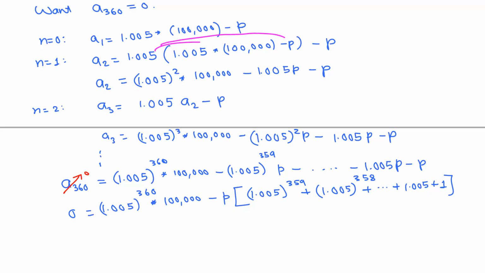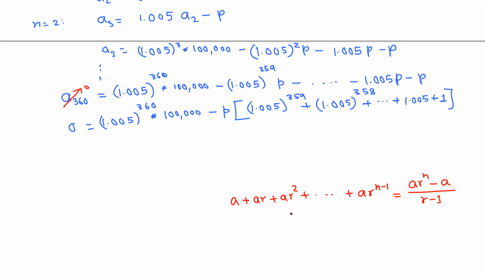So let me write that here. Let's look at this geometric series. When we have a plus ar, where a is the first term and r is the common ratio, if you divide the second term by the first term, you get r, or if you divide the third term by the second term, you get r. When we have n terms, so r raised to 0 all the way to n minus 1, the sum is (a r^n minus a) over (r minus 1). r is the common ratio, a is the first term.